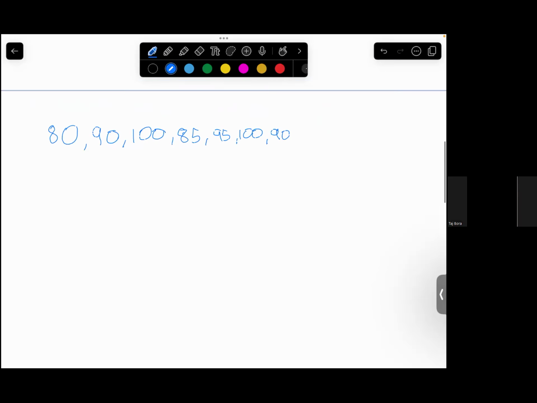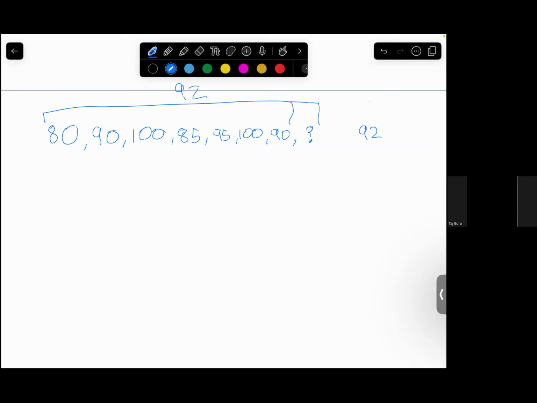Now his goal is to average 92, which means out of all these numbers, he wants it to be similar to 92. However, he has one more exam. So the question is asking, what will he need to get on this exam to average a 92?